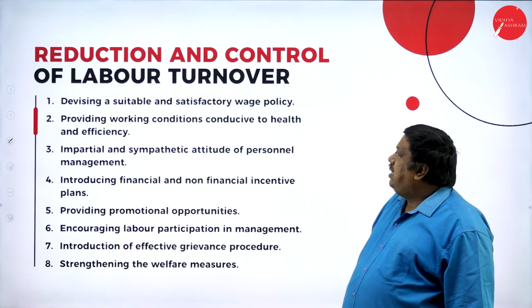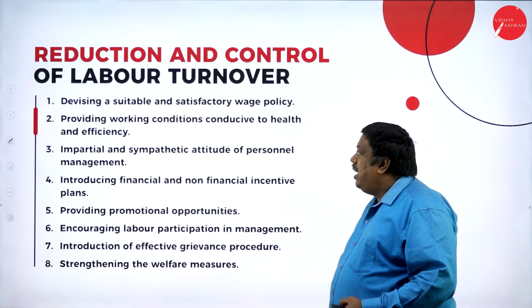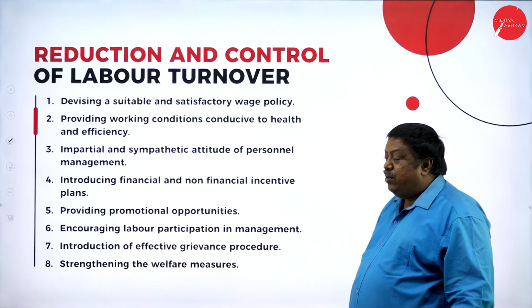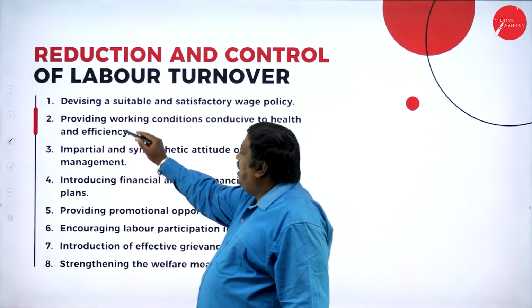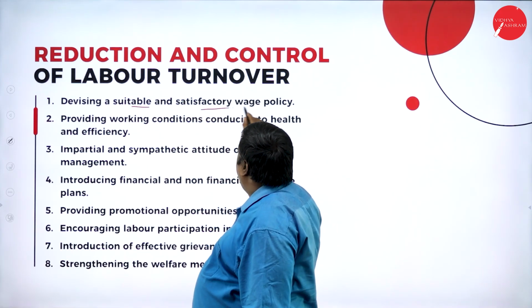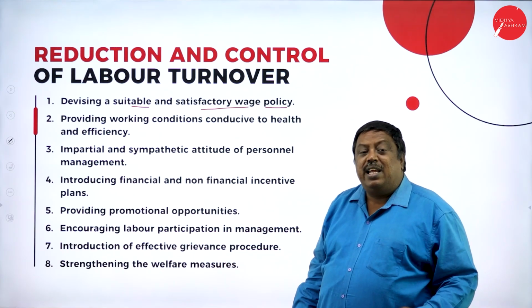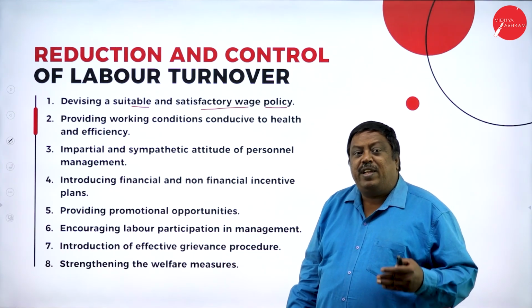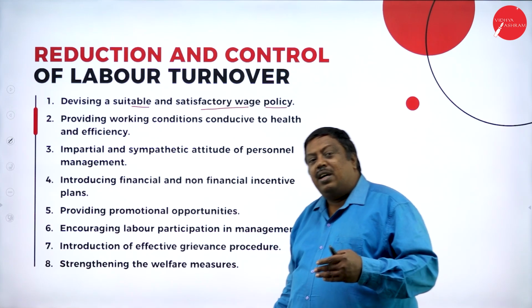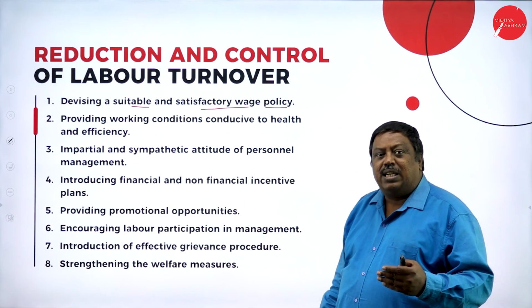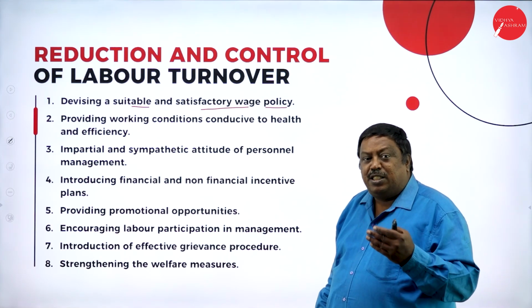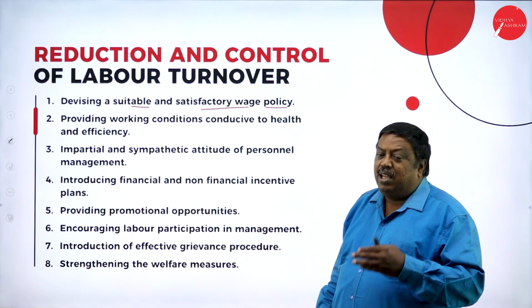Now, the first part: how to reduce and control the labor turnover. First of all, devising a suitable and satisfactory wage policy. Based on the requirement in the present scenario, check which policy is good for the organization for their business process and even better for the employees.